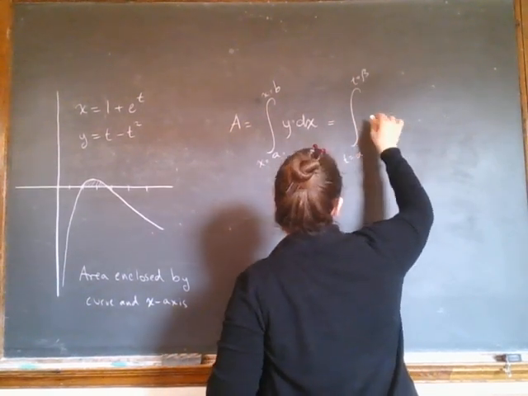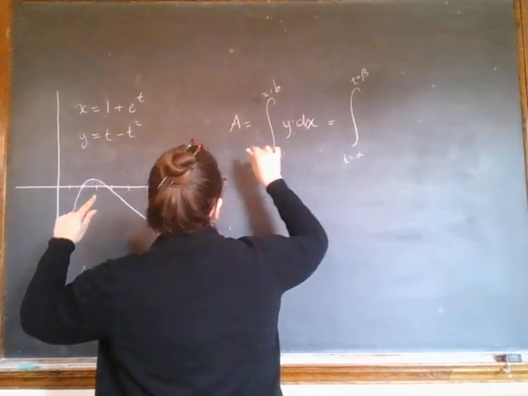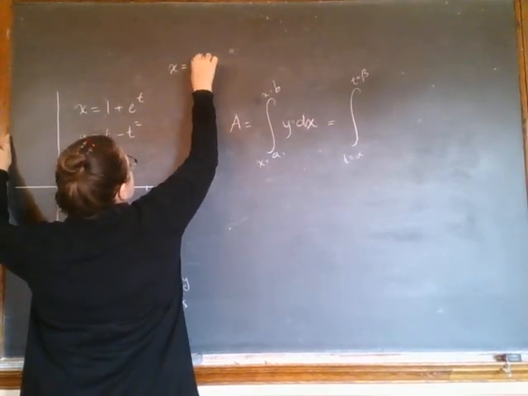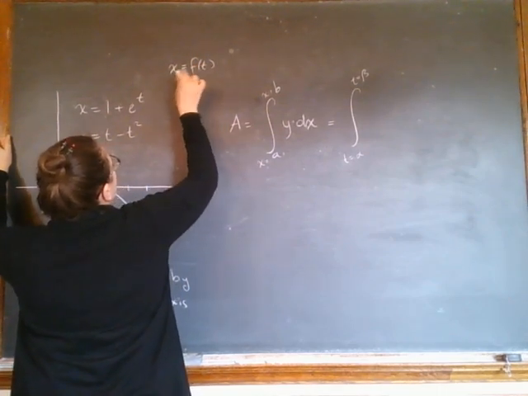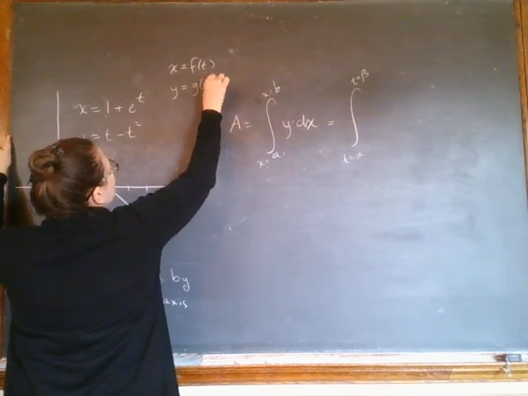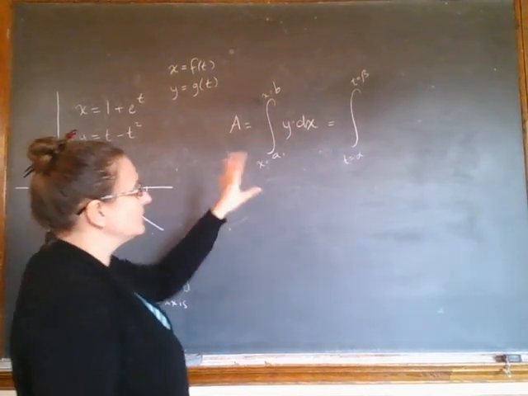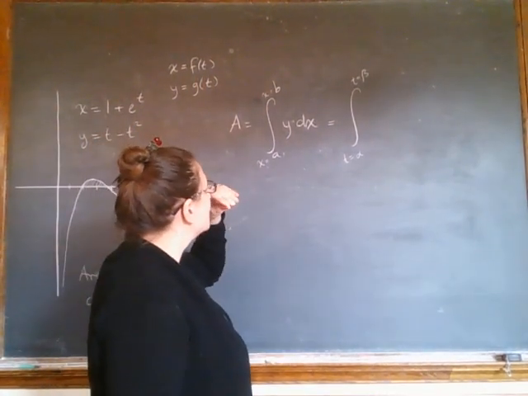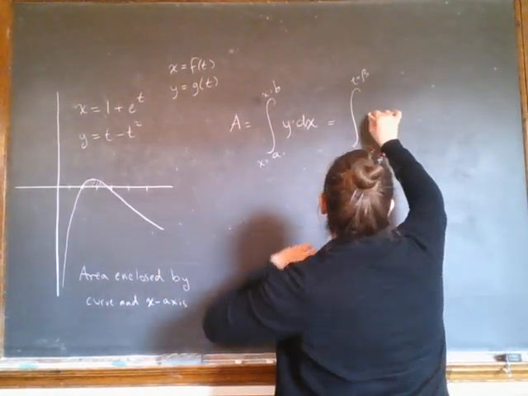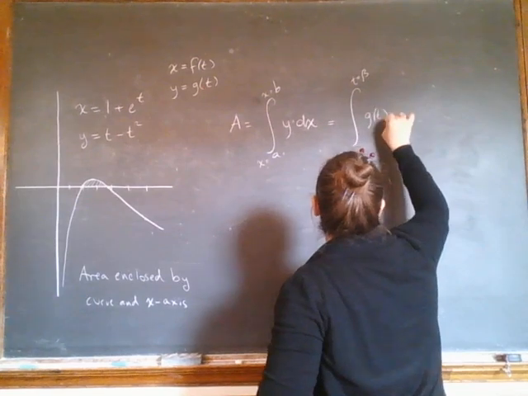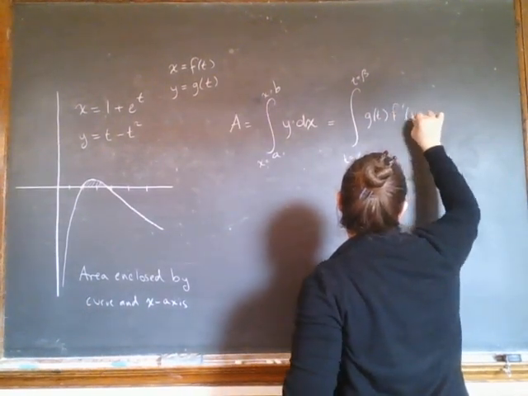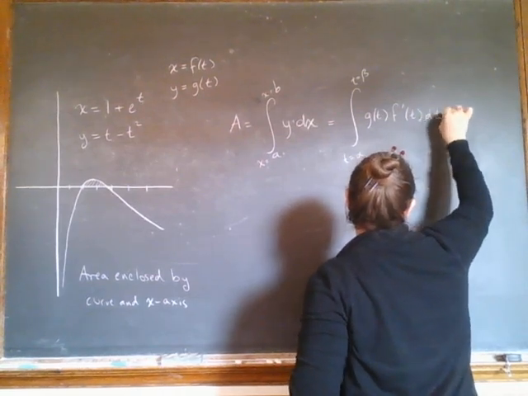We'll call x as a function of t, f of t, and y as a function of t, g of t. We want to change everything to t's, so we need to change the limits, and we also need to change this. Y is g of t, but we have dx, so we would have f prime of t dt here.